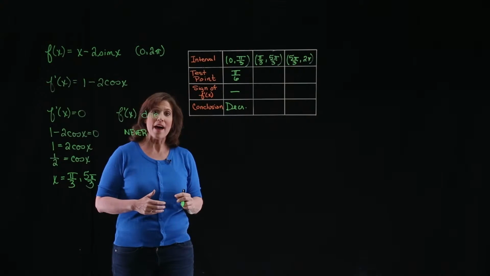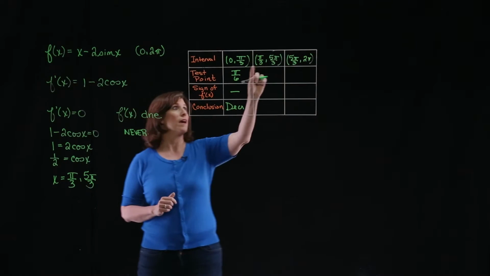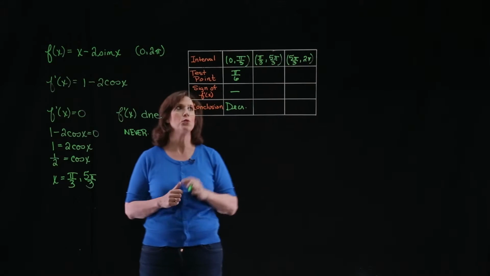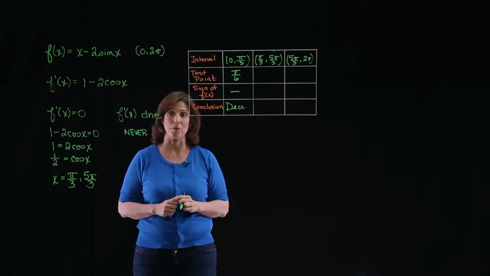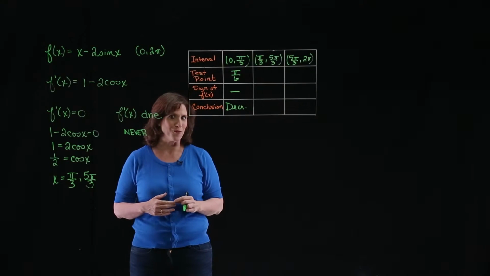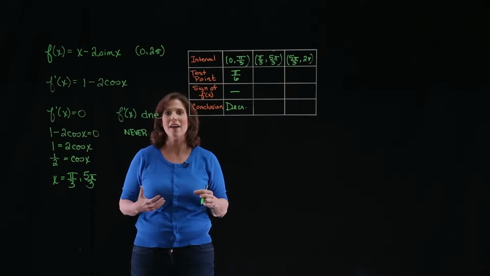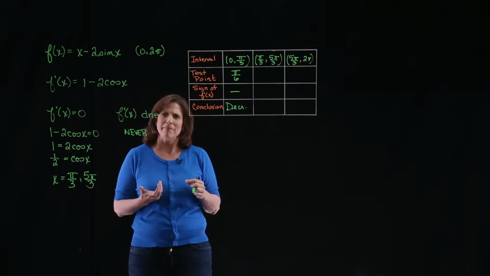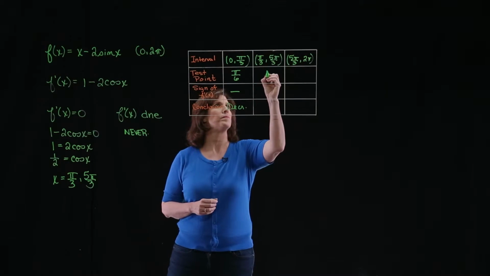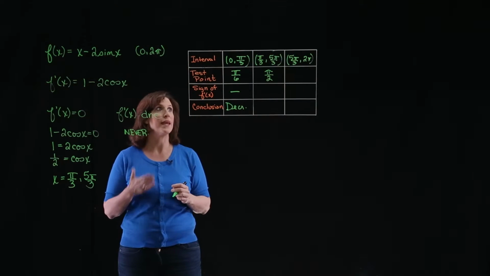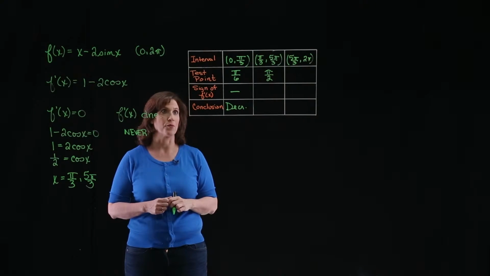All right, now I have to do exactly the same thing for my other two intervals. So let's take a test point, something between pi over 3 and 5 pi over 3. Now because pi over 3 is in the first quadrant and 5 pi over 3 isn't until the fourth quadrant, we have a lot of good choices. Let's just try pi over 2. Remember, you can use anything between pi over 3 and 5 pi over 3.